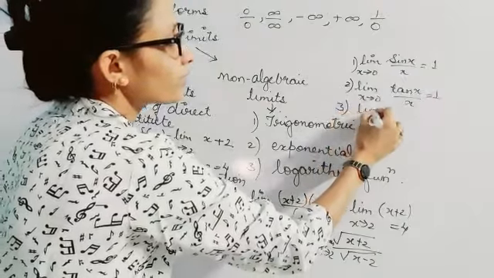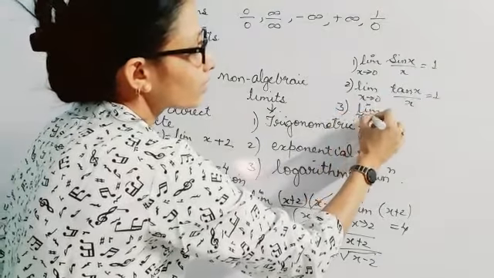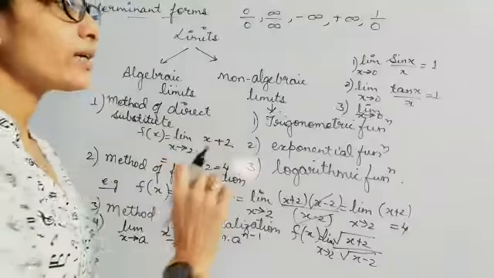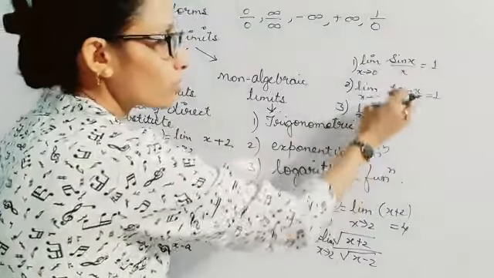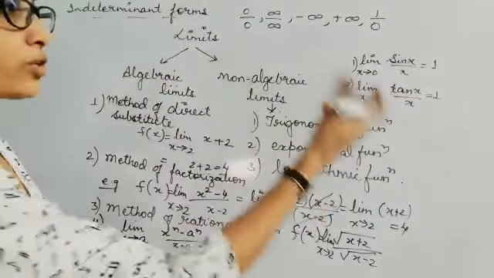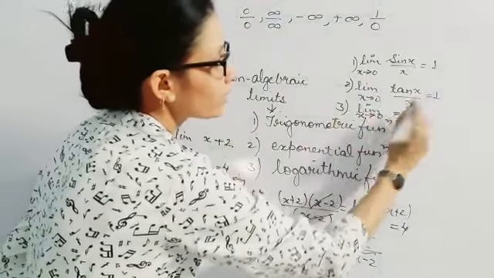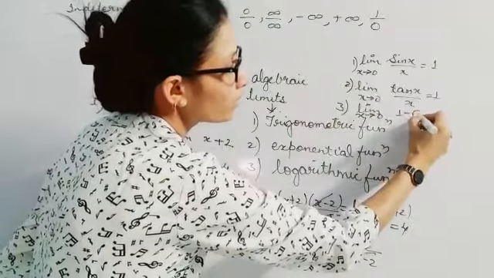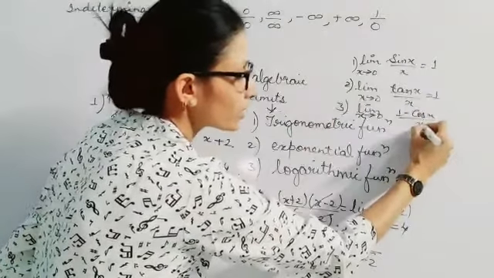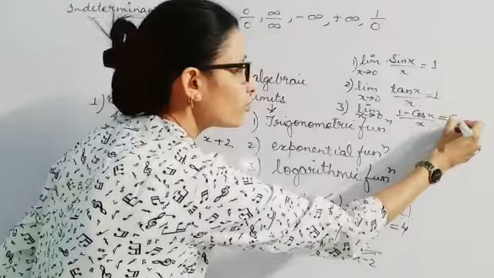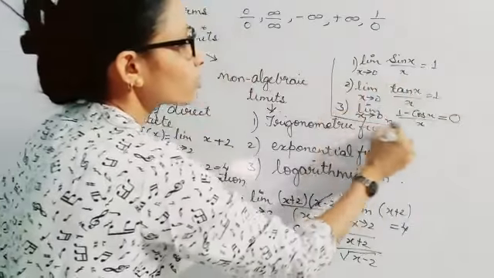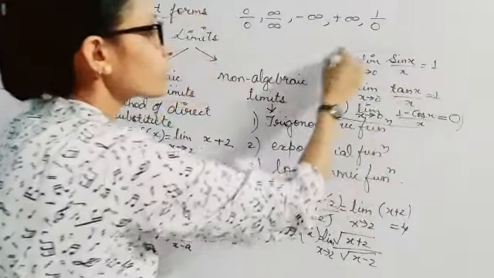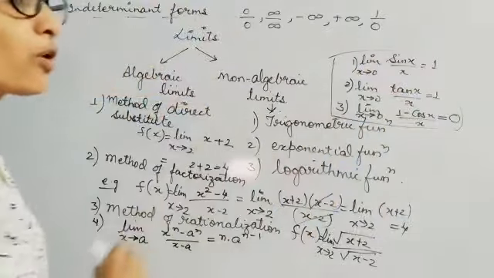Thirdly, remember this and learn this very carefully, because cos x by x will not be equal to 1, but if you are given limit x tends to 0, 1 minus cos x upon x, then this value will be 0. So these are the three important trigonometric function formulae.